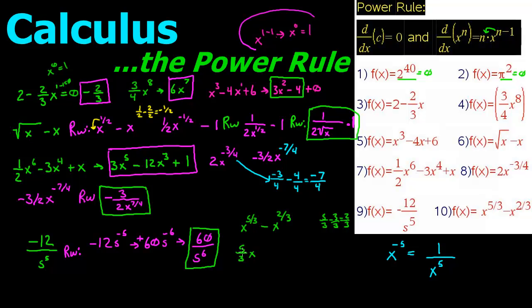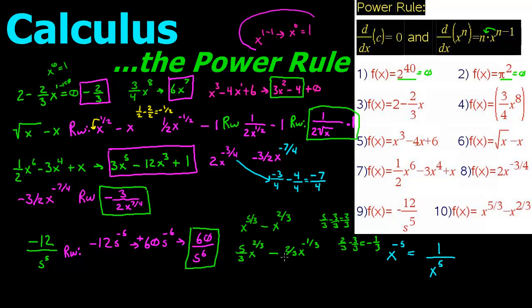Alright, so 5 over 3 x to the 2/3 power, minus a 2/3 x to the what? So 2 over 3 minus 3 over 3 is going to leave us with a negative 1 over 3. So a negative 1 over 3.